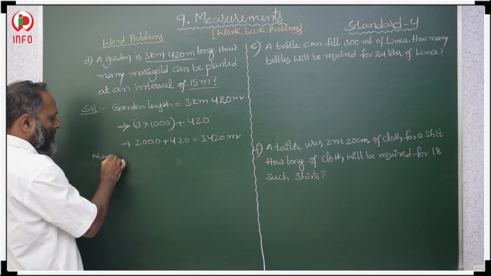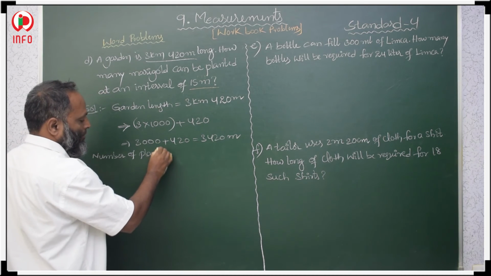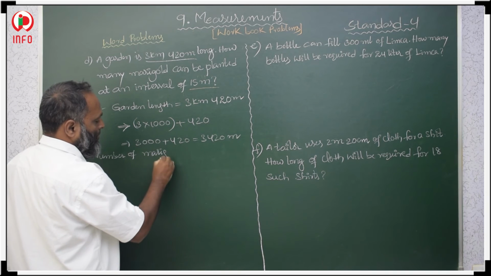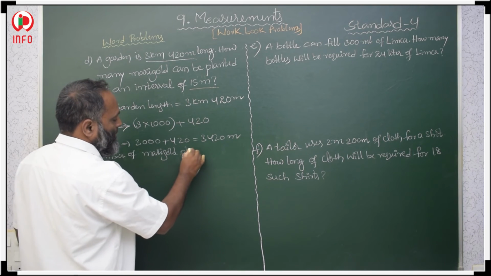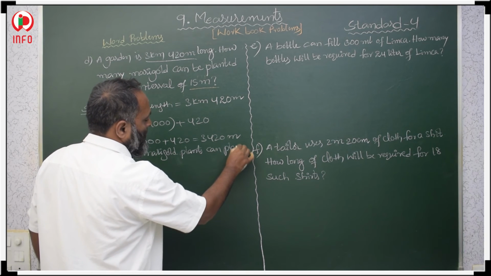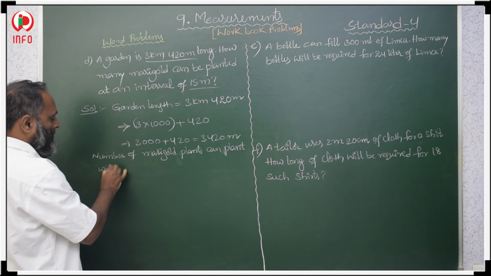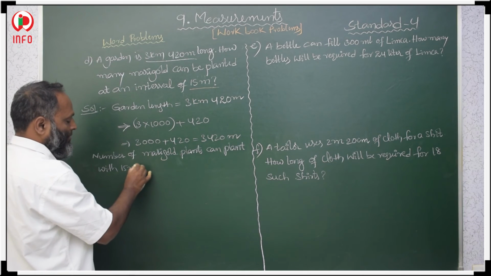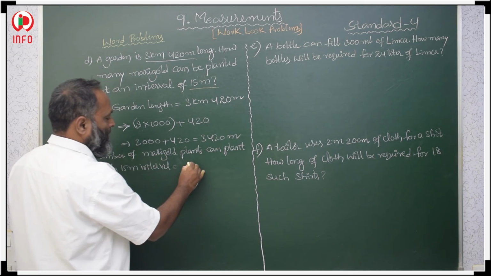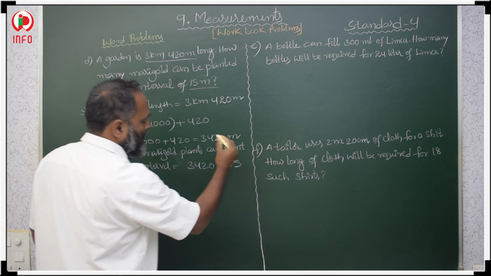Number of marigold plants we can plant with a 15 meter interval is equal to 3420 divided by 15.